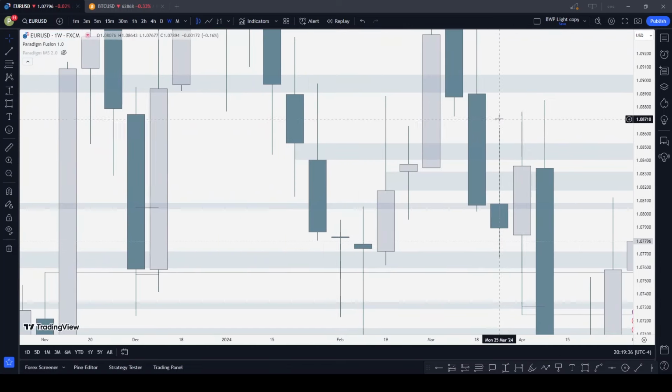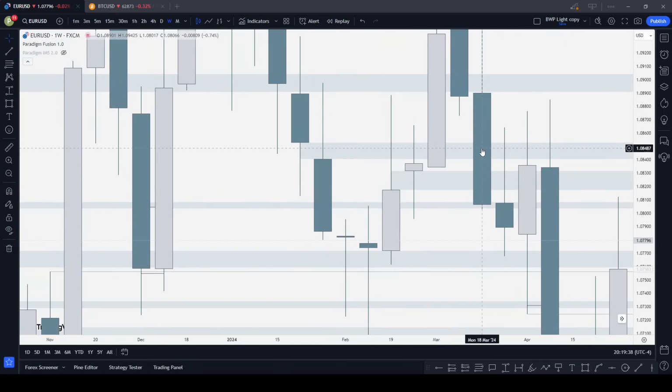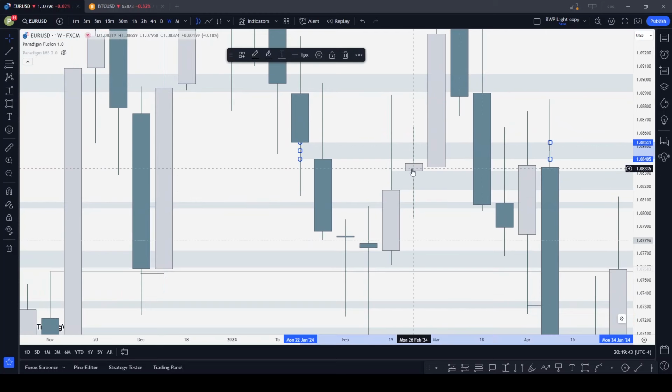Because I saw that price had closed below this new week opening gap, below this one, below this one, and we are starting a new week. So I knew that I was anticipating a rally to the upside.